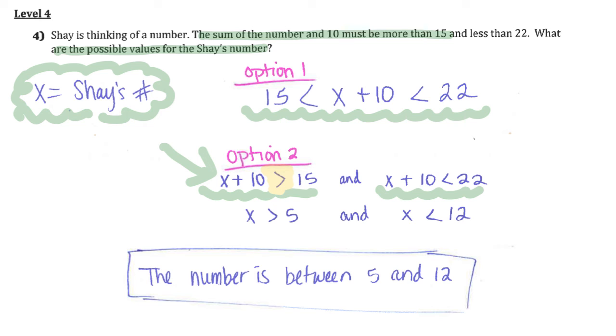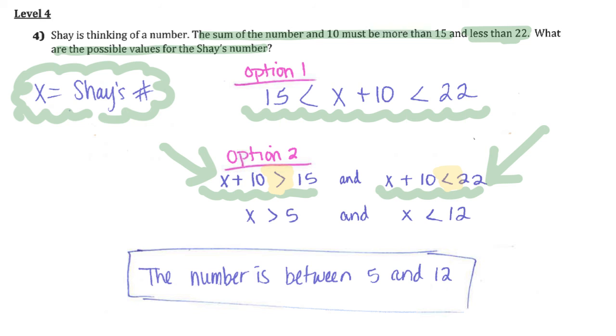And at the same time, up here it says it has to be less than 22. So that's this second inequality where we have x plus 10 is less than 22. Okay, so two different things happening. Our x plus 10 is bigger than 15, and our x plus 10 is less than 22.